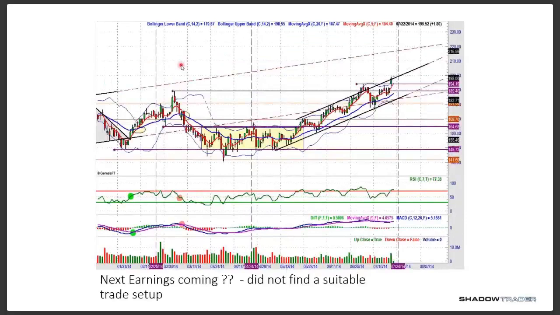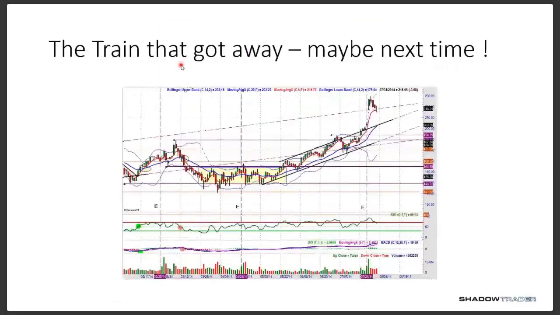Continues to go. Oh, shoot. Continues to go. Couldn't find a suitable trade setup here. So we said, okay, we missed this one. We missed the trade. And the trade after earnings went well beyond what our expectation was. Train got away. Wait for the next train. Maybe next time.